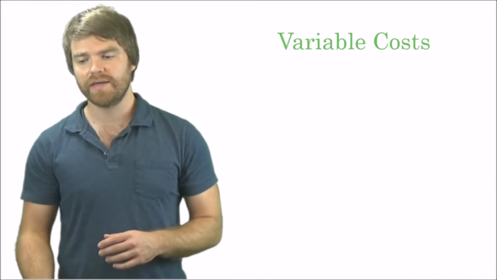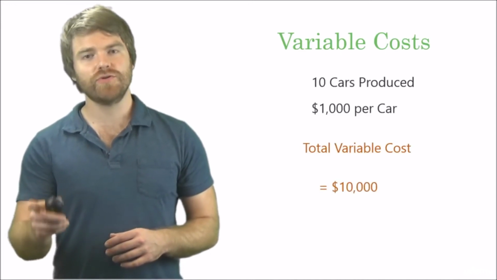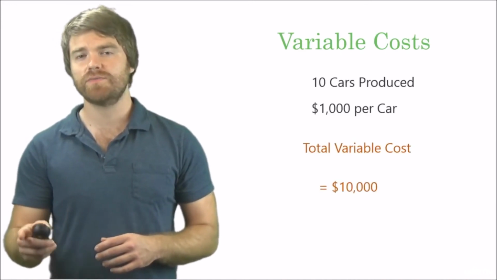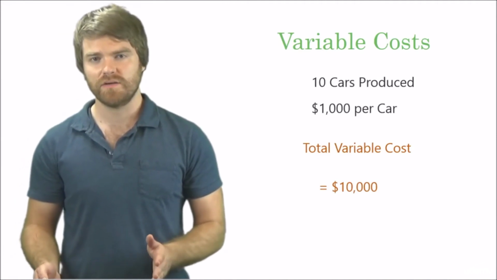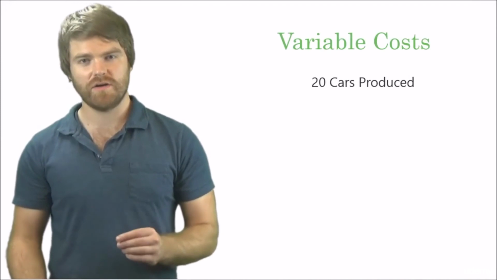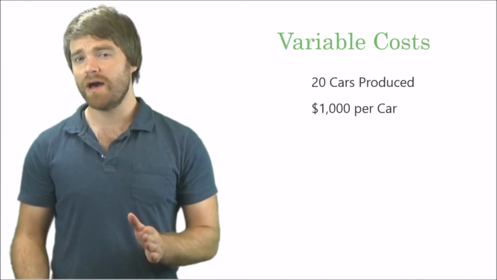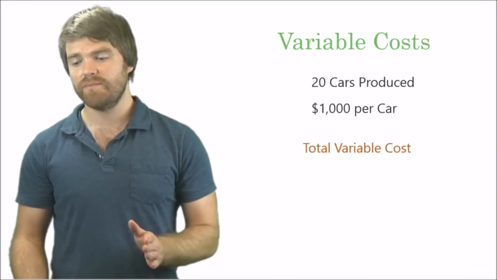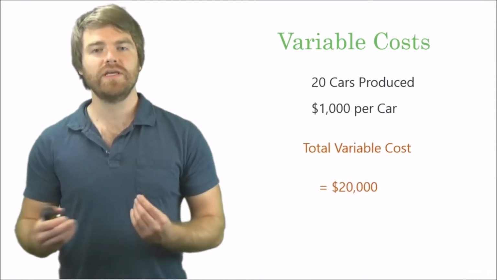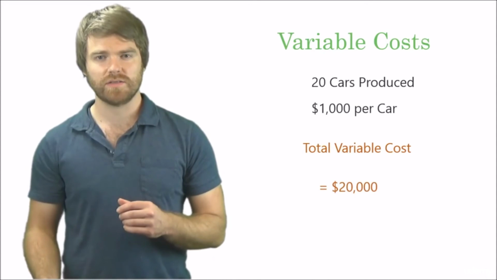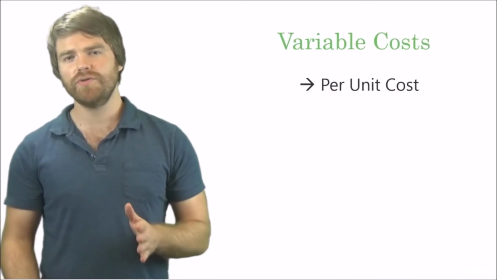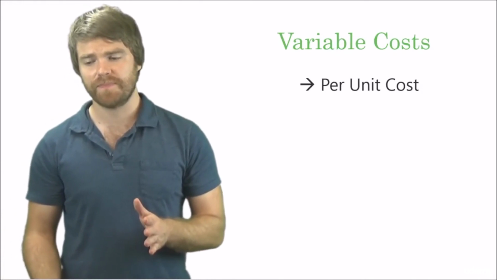Let me scroll back here, okay? I want you to see this. Remember, you produced 10 cars at $1,000 per car, $10,000. But now, 20 cars you produced. Your per unit amount is the same. But now, $20,000 is your total variable cost. So the idea, once again, your per unit cost doesn't change.